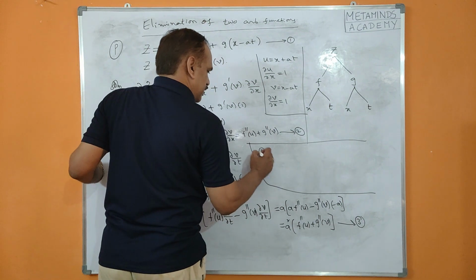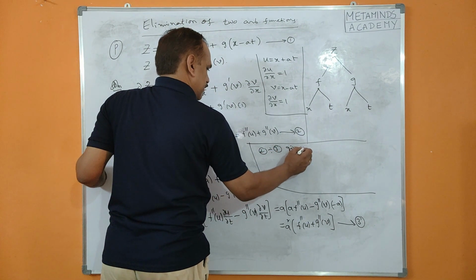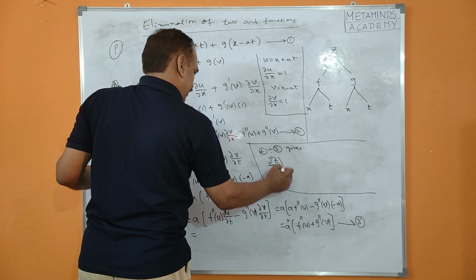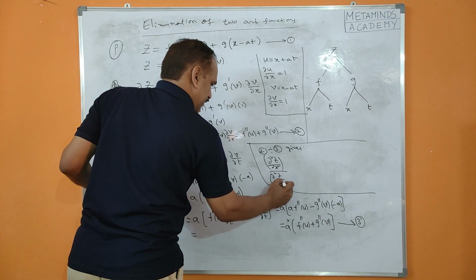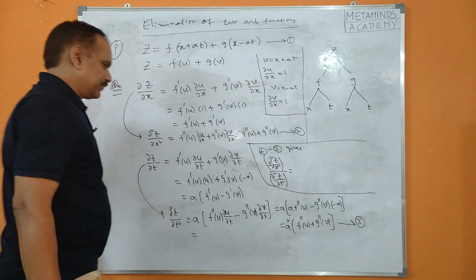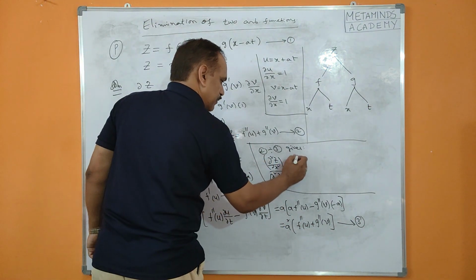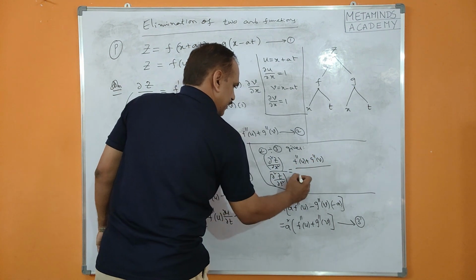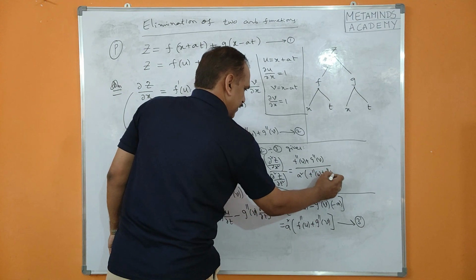It is equation 2 divided by equation 3 gives dou square z by dou x square by dou square z by dou t square equal to f double dash u plus g double dash v by a square into f double dash u plus g double dash v.